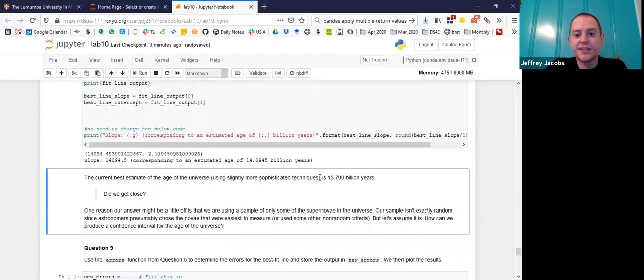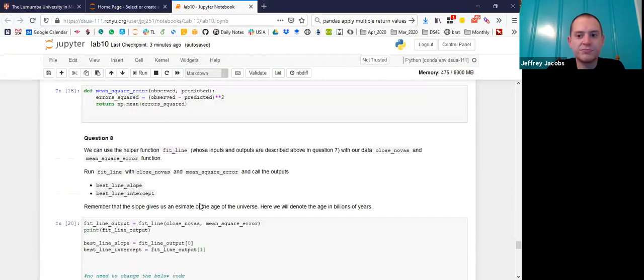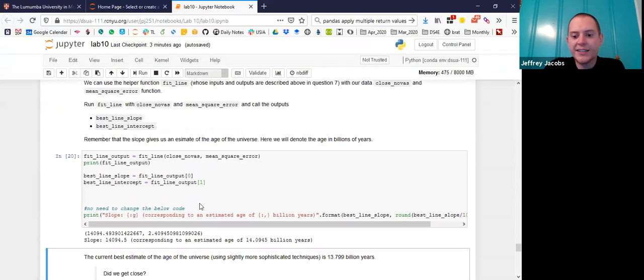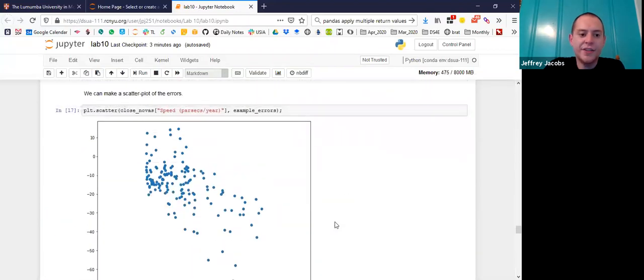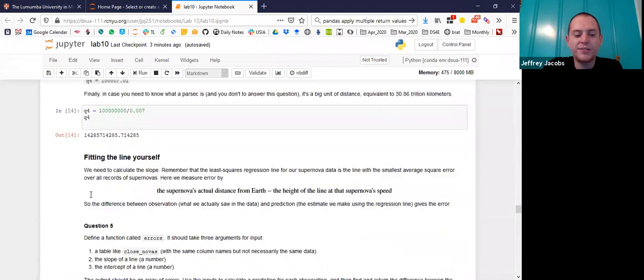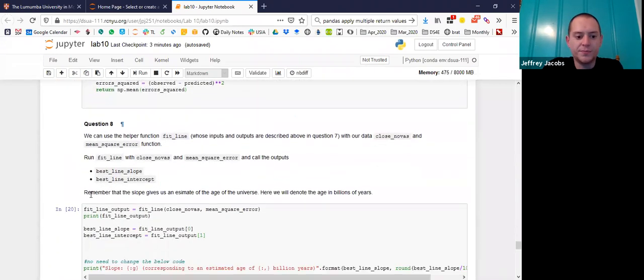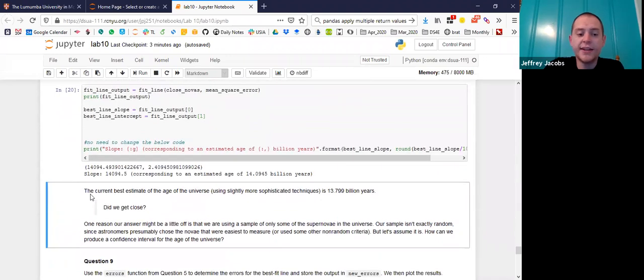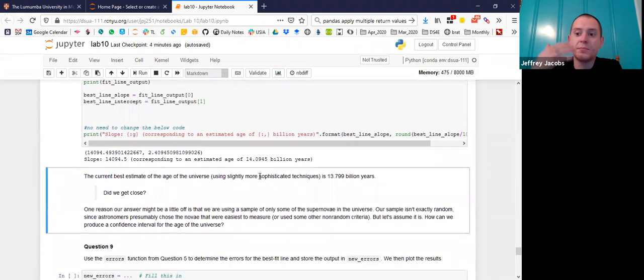The current best estimate is 13.799. So we got closer: going from eyeballing and getting 14.29 to computing the best fit line and getting 14.09, we're much closer to 13.8 billion years.